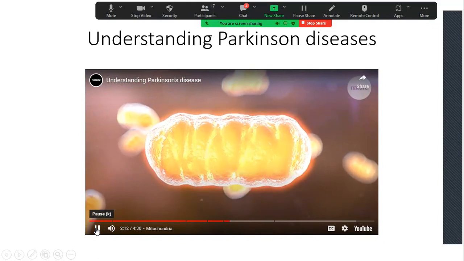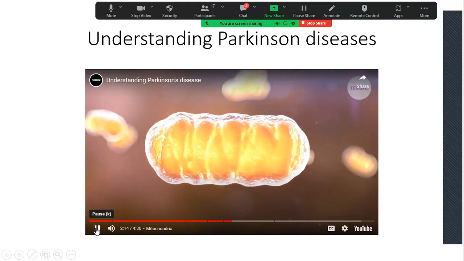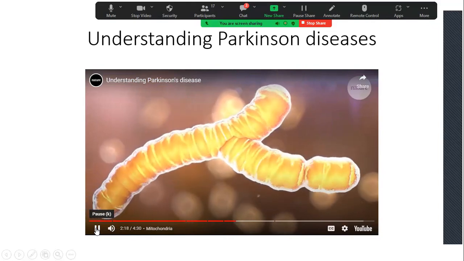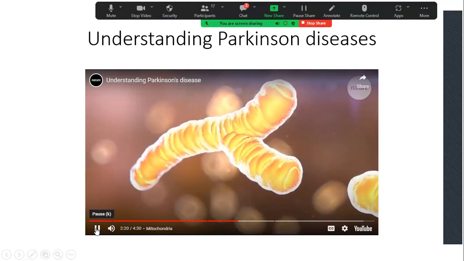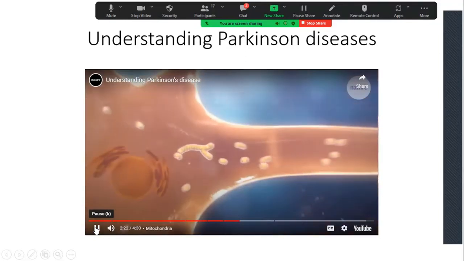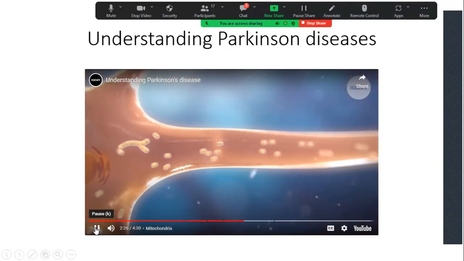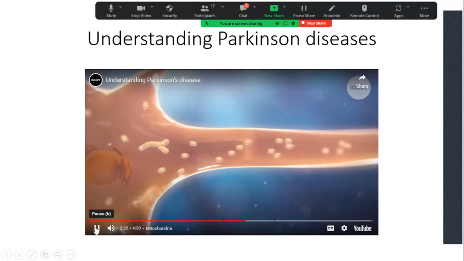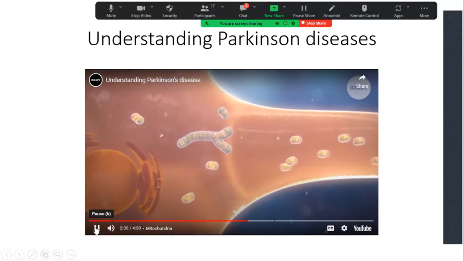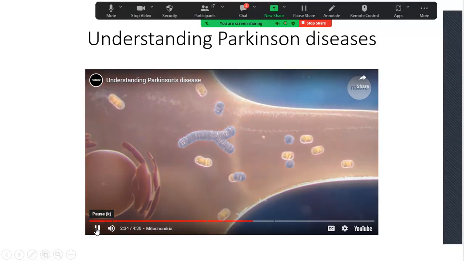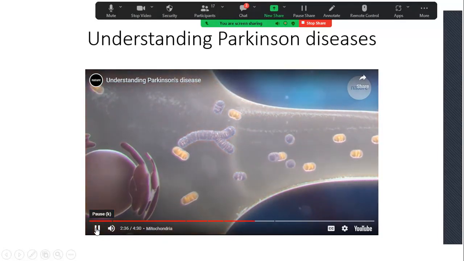Mitochondria provide cells with the energy to perform vital functions. They're highly dynamic and can fuse together or break up into smaller versions in response to a cell's energy demands. They can also be transported to areas of a cell that need them the most. However, in Parkinson's, these processes can be impaired, and mitochondria are unable to sustain proper neuronal function.